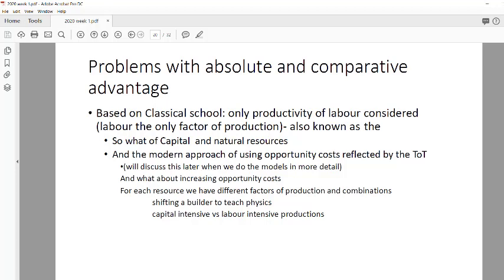So we assume it's a lot of hands-on work. So in the building industry you have a labor intensive industry. You need more laborers than you actually need equipment or capital. While in the hospital industry, we're saying a little bit of doctors is enough, and you're having a lot of capital that you're using with this, a lot of equipment.